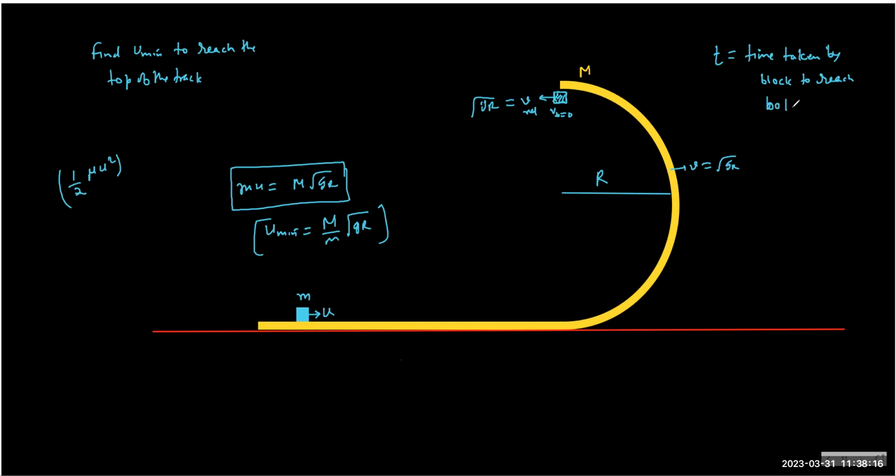What is h here? 2R. So under root 2R, which is 4R by g. Yes, because it is simply free fall motion. Right?